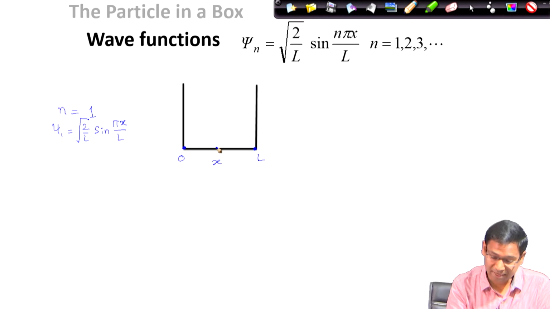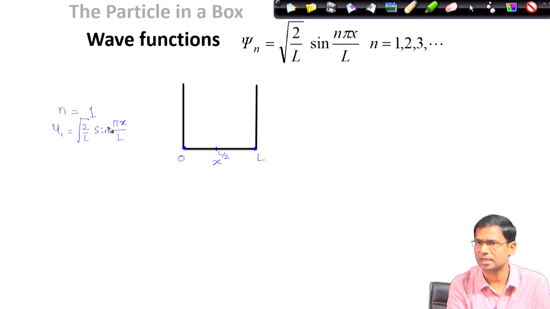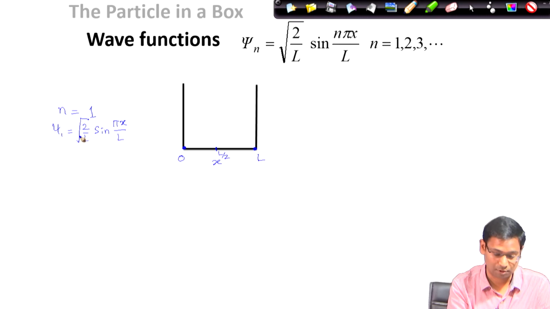Now, at the middle of the box, so suppose x equals L by 2, when I put in this equation x equals L by 2, you would see that this is L by 2. So, L will cancel out, and then I will be left with sin pi by 2, and that is 1. So, when I multiply that with 2 by L, I have that value over here.